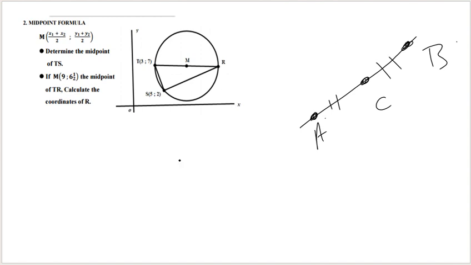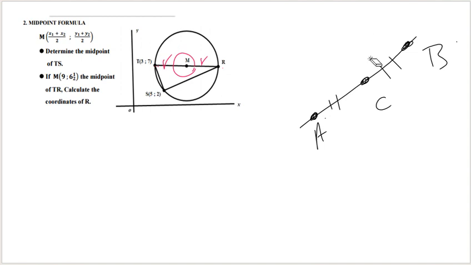So focusing on this circle here, and this line here, if this line is the diameter of the circle and this M is the center of the circle, then this M is our midpoint because this is the radius and this is the radius. Radius is equal to the radius.